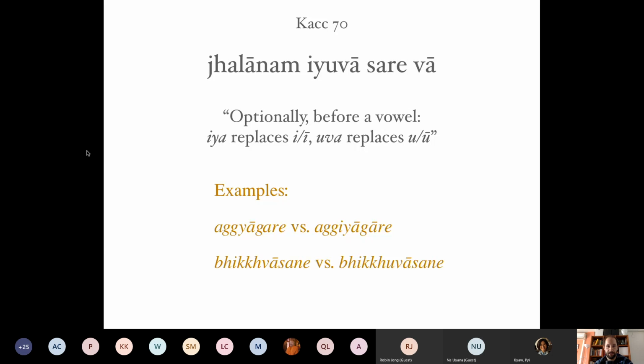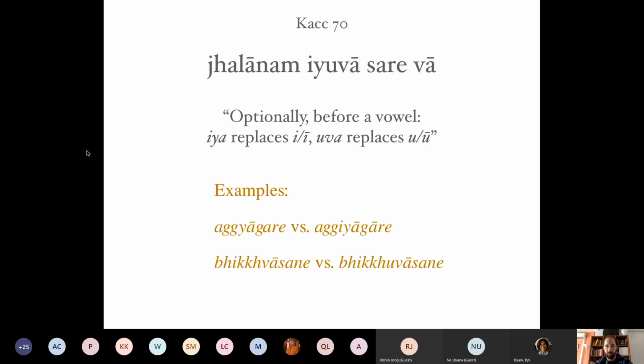Examples. Those are the examples given in the Kaccāyana vutti. As you can see, they are a little bit problematic, but we are not going into this now. From agyagare, where you only have an i that has become ia because of another rule of replacement, you find agyagare with the ia replacement. And instead of bhikkhu asane, you find bhikkhuvasane.